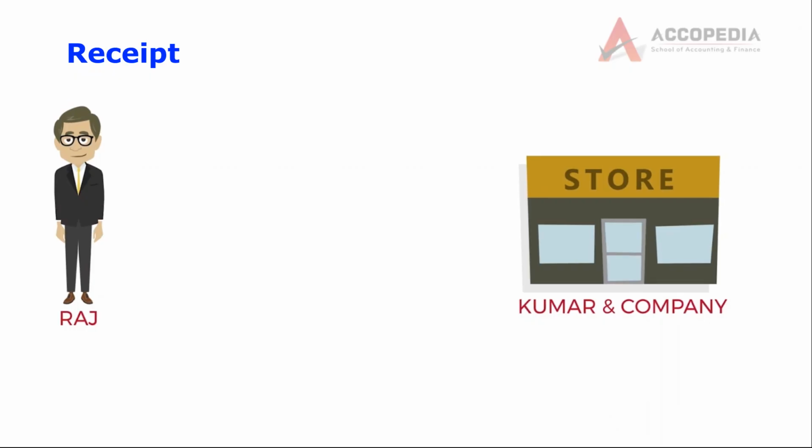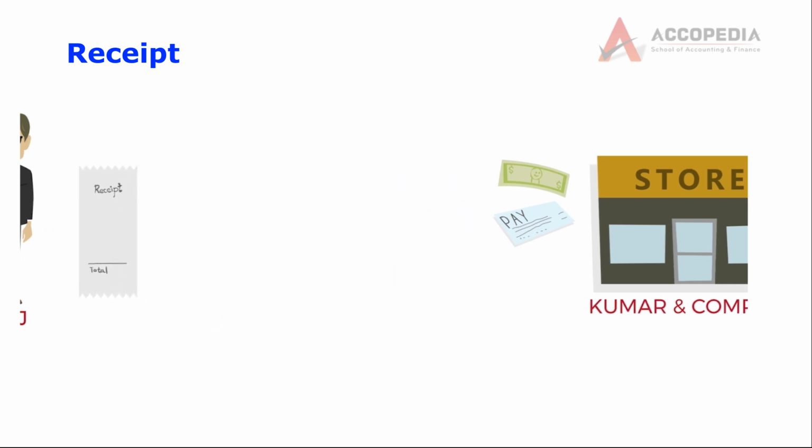Another commonly used voucher is a receipt. A receipt again is a voucher which is a documentary evidence or acknowledgement issued by a receiver of money stating that he has received the money. So when I pay some money to another company as cash or check, that company issues a receipt to me.